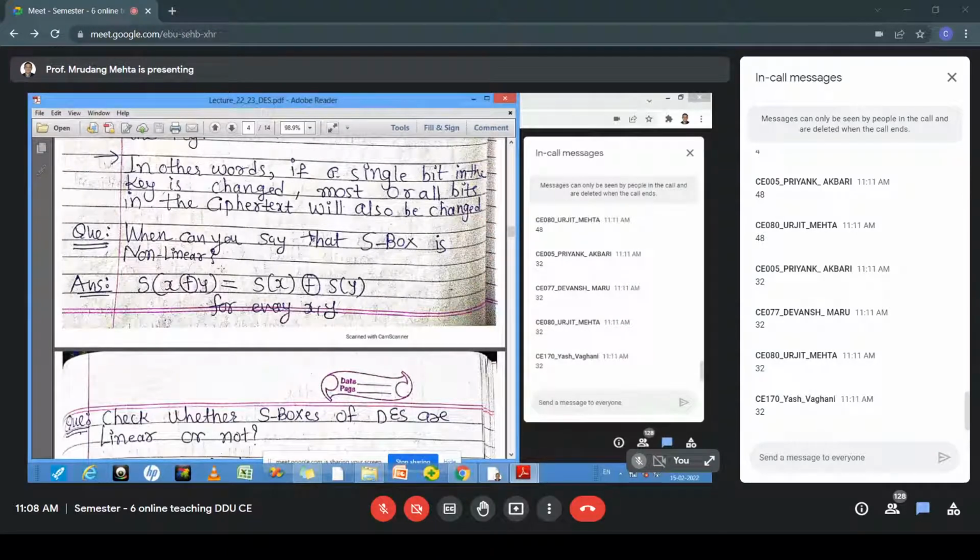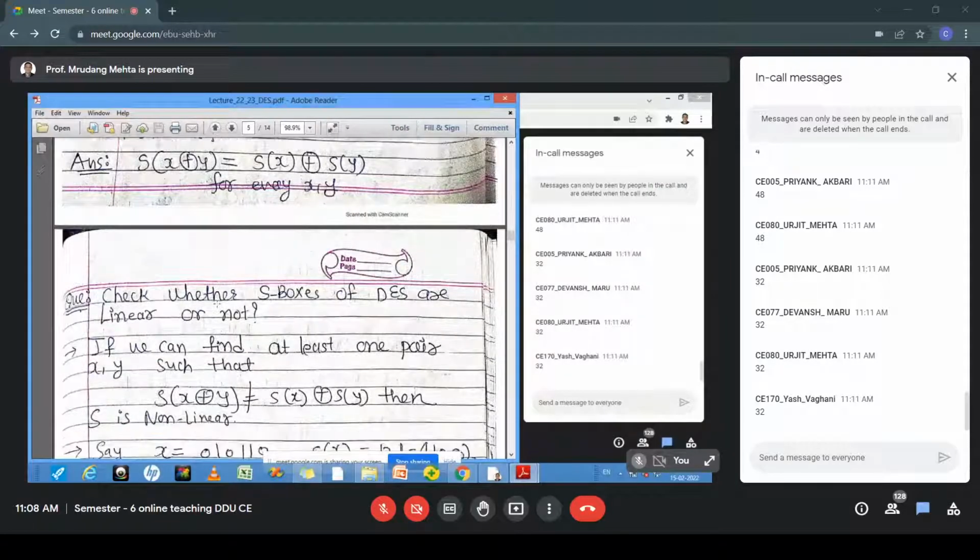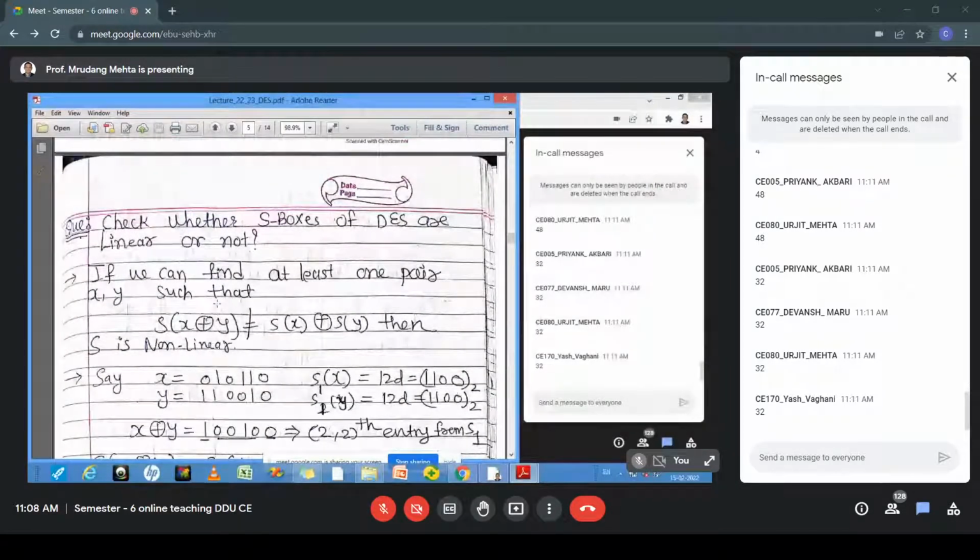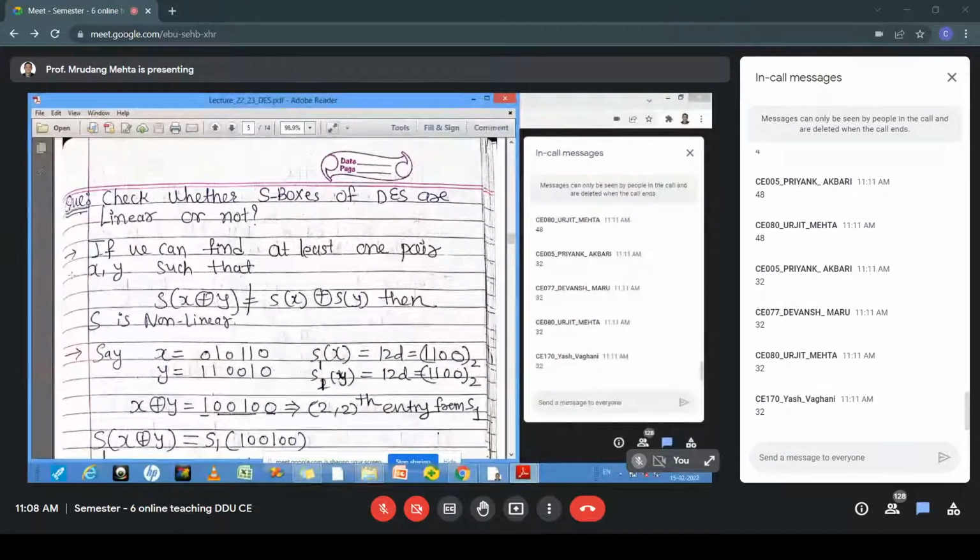But if we find some pair X, Y for which this is not true, then we can say that it is non-linear. So we check whether the S boxes of DES are linear or not. If we can find at least one pair X, Y such that S(X XOR Y) is not equal to S(X) XOR S(Y), then S is non-linear. So we have to prove this.